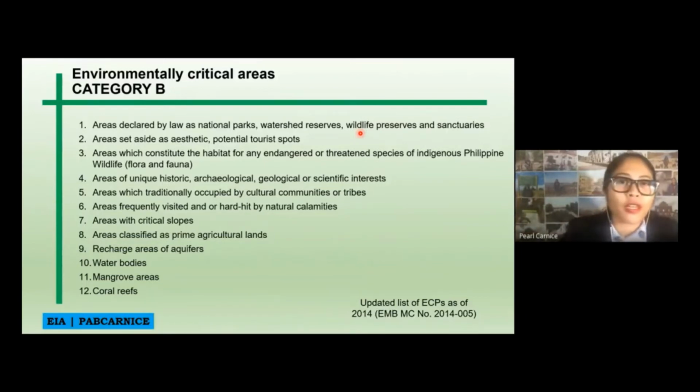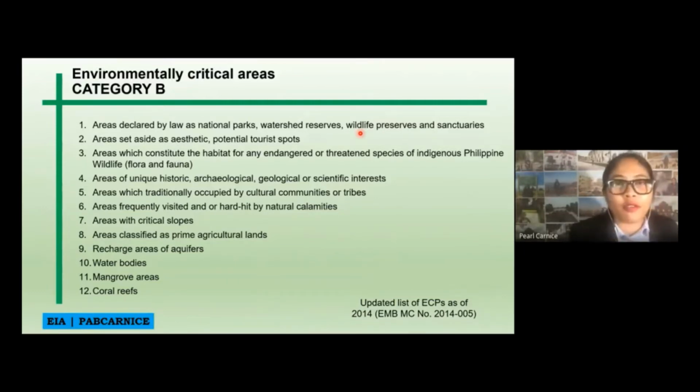At the same time, we actually have a law that if the area is considered a national park or watershed reserve, you can do projects, but how huge a project can be, I am not quite sure.